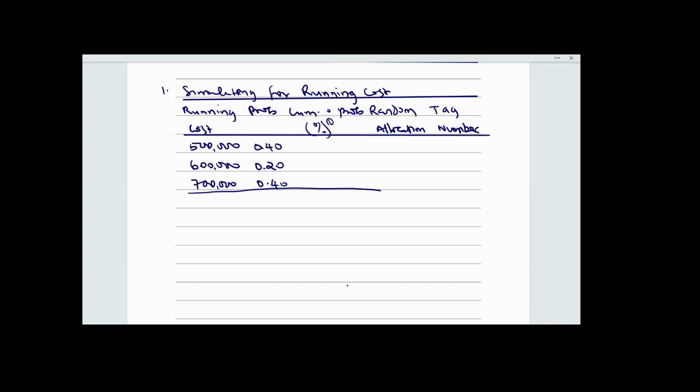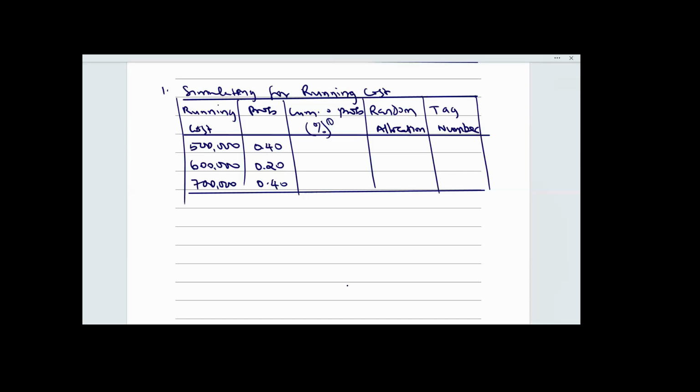The next thing is to find the cumulative of probability. The cumulative of the first probability is 0.4. In percentage, that's 40%. 40 plus 20 will give us 60. 60 plus 40 will give us 100%.